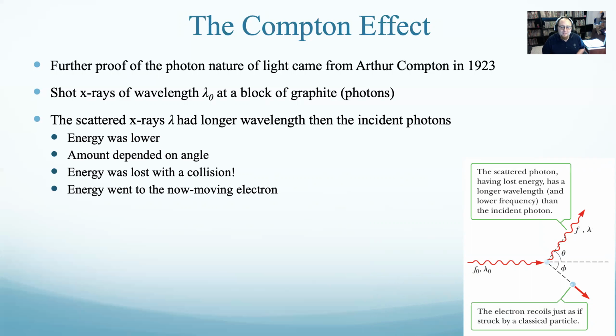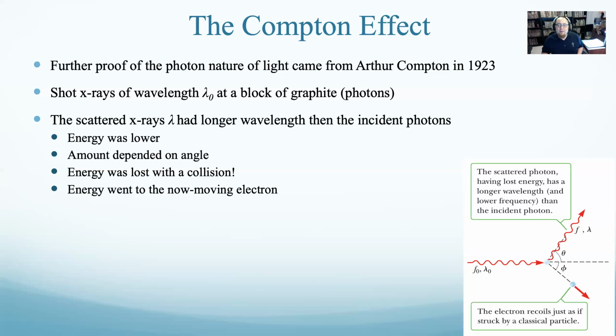That when the X-rays bounced off the particles of graphene, when they shot these photons at the protons, the wavelength changed. And that after bouncing off the graphene, they had a longer wavelength.